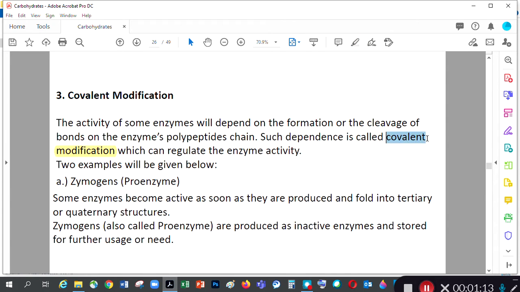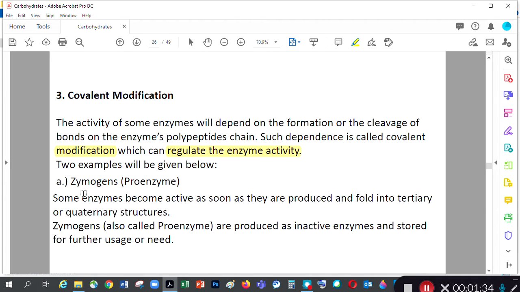It's called what? Covalent modification, which in turn regulates the enzyme activity. Two examples of this regulation by covalent modification.